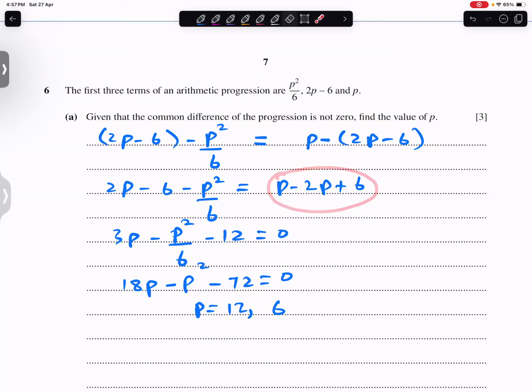So if you put 6 in that, you will get 6 minus 2 times 6 minus 6. So 6 minus 12 minus 6, that will be 6, so 6 minus 6 will be 0.